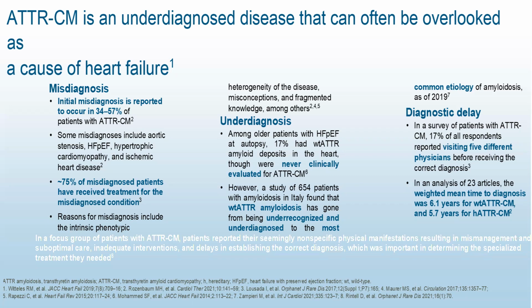Why? Because the patient presents with symptoms and signs of what looks like heart failure with preserved ejection fraction. The problem is that the amyloid material is deposited in the wall of the ventricles, and this causes stiffening of the heart. This causes diastolic dysfunction and elevated LV pressures, but the LV function can be preserved.